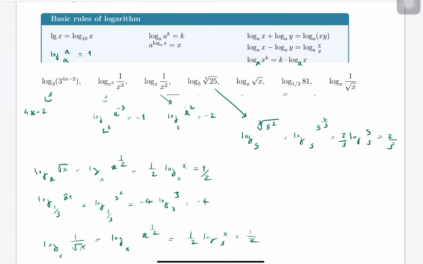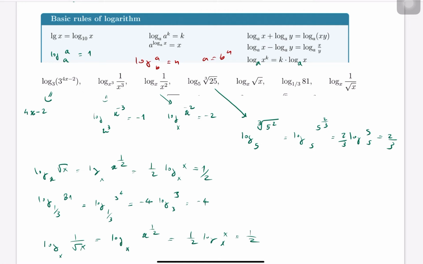For the logarithm, we have several formulas. One of the formulas: if we don't write the base, it is always 10. If the logarithm has the base and the number the same, log a of a, the result will be 1. Another: log base a of a power n equals n.